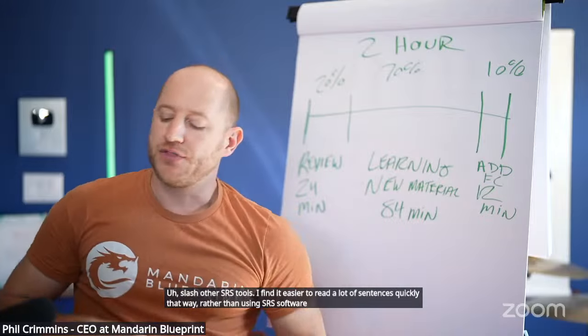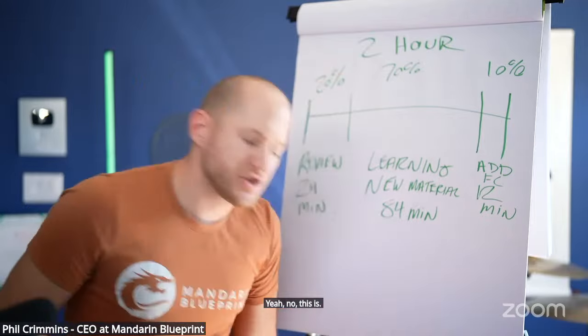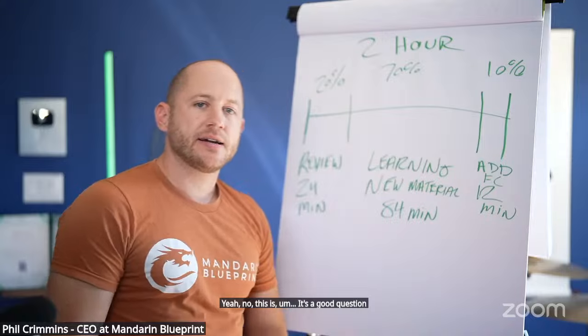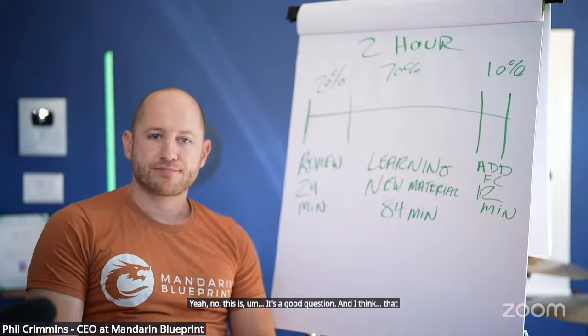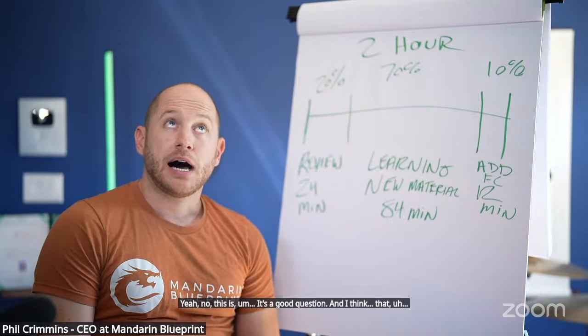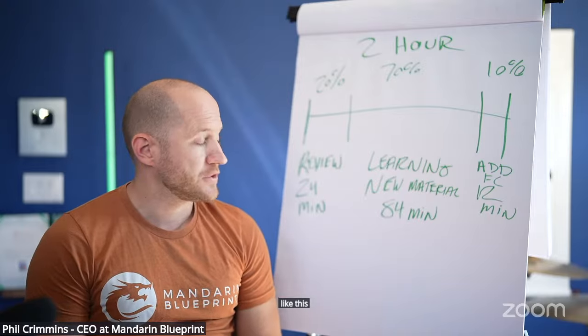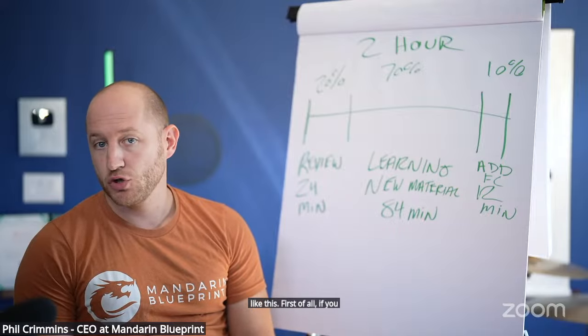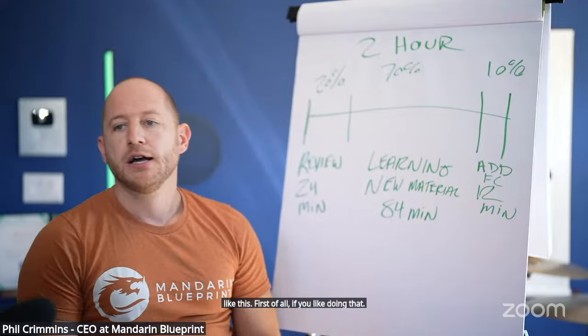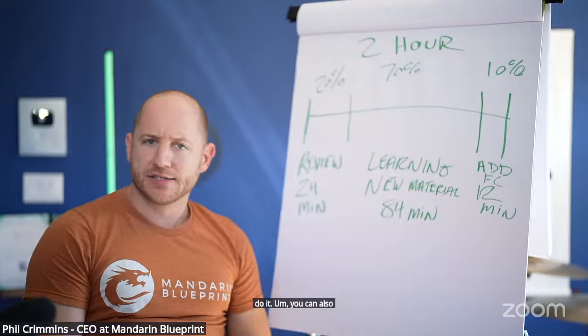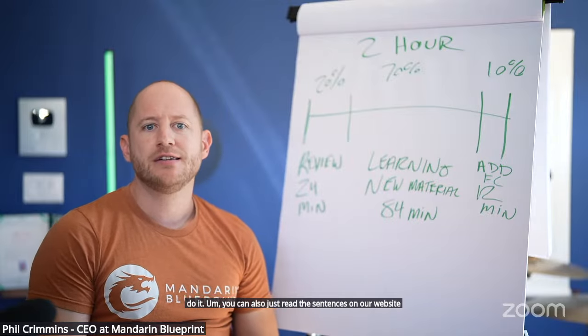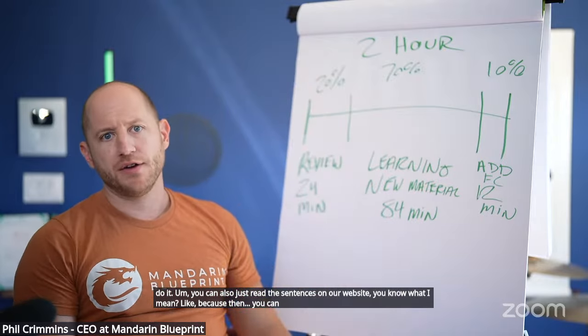So yeah, this is a good question, and I would advise an approach like this. First of all, if you like doing that, cool, do it. You can also just read the sentences on our website, because then you can read them one by one on the different pages.